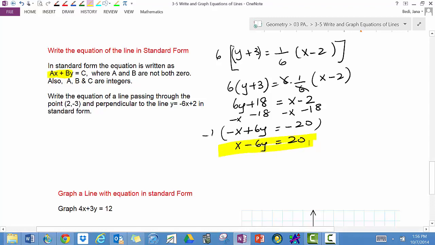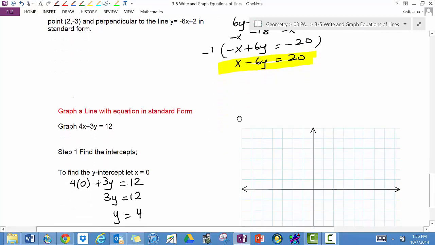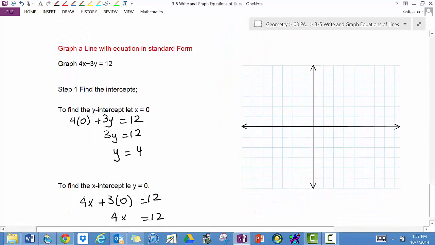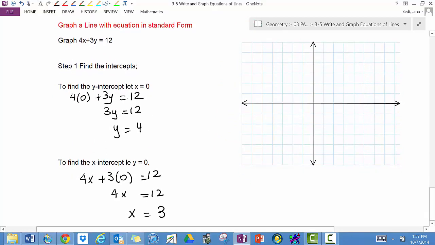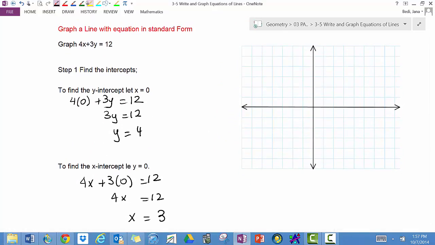Your x and y are on one side. Finally, given an equation in standard form, how do you graph it? So you will see here we find the intercepts, and you already know how to do this. Find the y-intercept by letting x equal 0. So that gives us that the y-intercept is 4.